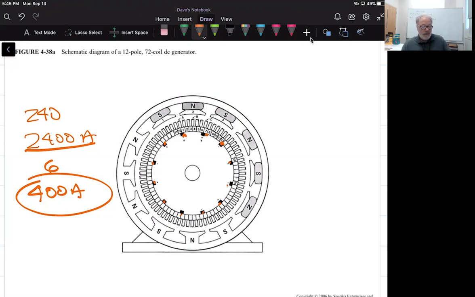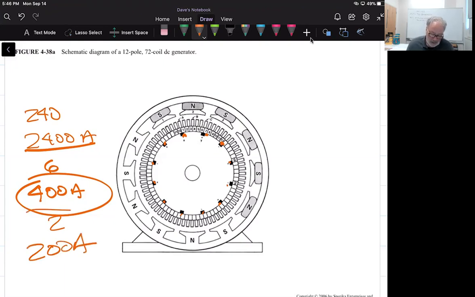So each positive brush set delivers the current from the coils to the right and to the left of the brush. Consequently, the current in each coil would be 400 divided by 2, because of the construction of this thing. So it would be 200 amps per coil.